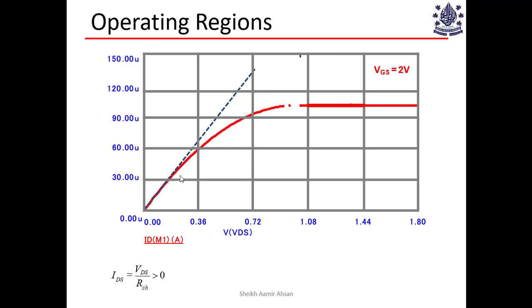But as you go on increasing drain to source voltage, the behavior departs from linear behavior. It no longer behaves as a linear region until it reaches a point, this voltage, beyond which the current doesn't increase at all. So the current becomes flat. It doesn't change with the applied drain to source voltage.